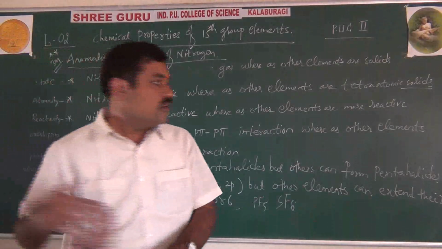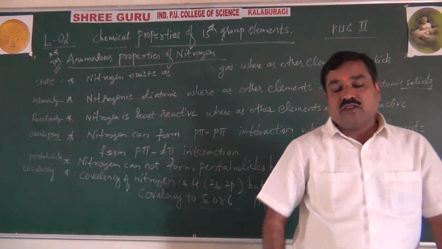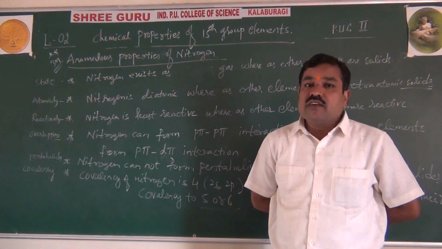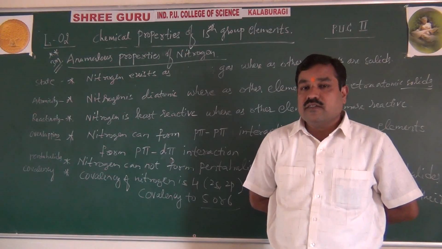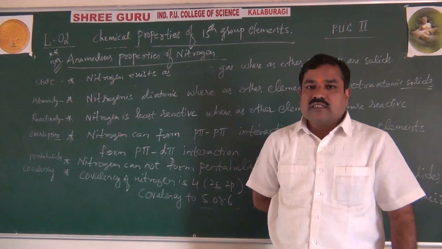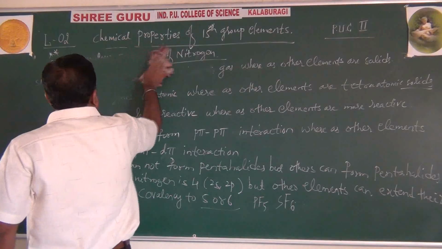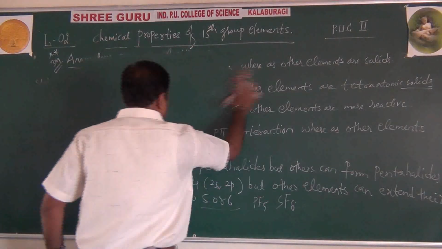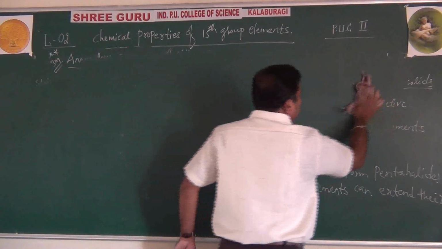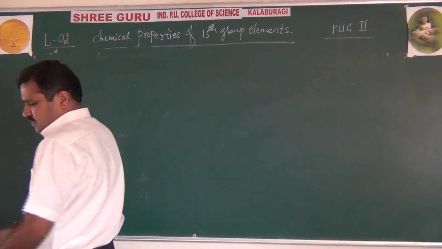Now I will write the reason for these anomalous properties. Now the question arises, why nitrogen differs from the rest of the elements? What is the reason? Why is it showing these differences? The reason is very simple.